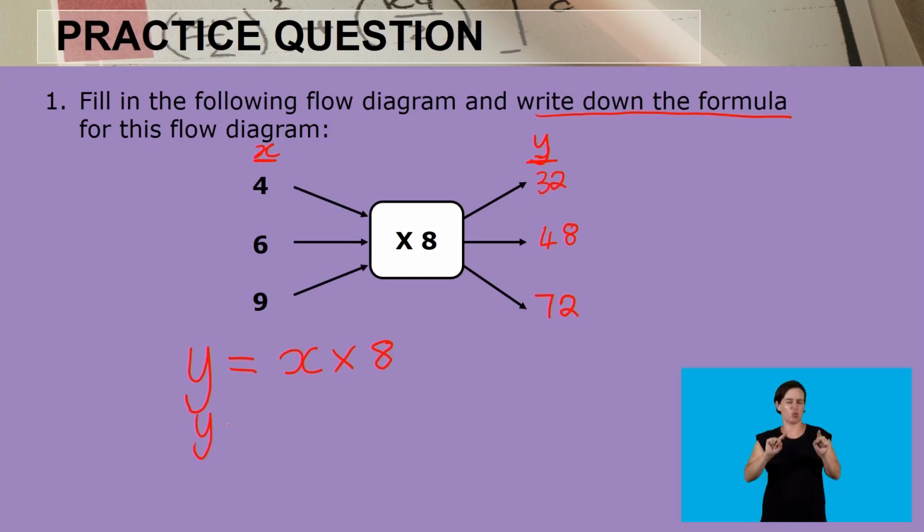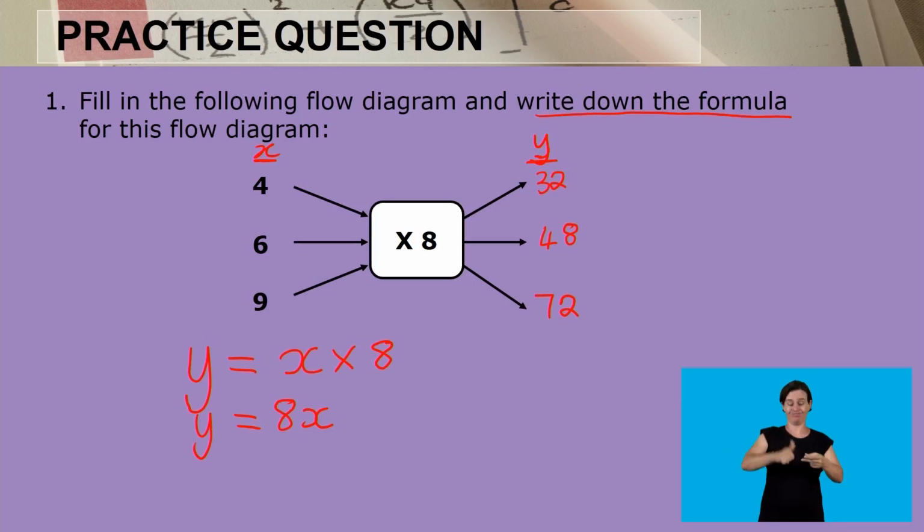To write it in a simpler way, we can say that our output value, which is y, is obtained by taking the 8 and multiplying it with the input value. So y equals 8x, and that is our formula for this flow diagram.